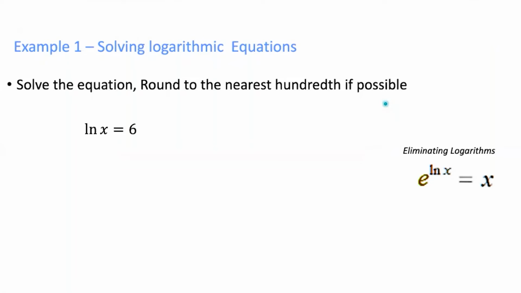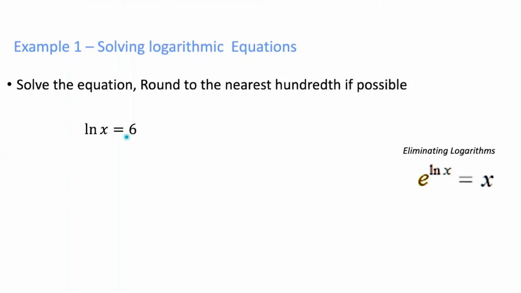Now let's look at an example. We're asked to solve the equation and round to the nearest hundredth if possible. So if we're going to be solving using the one-to-one property, then we need to convert our logarithmic equation, which is this, into an exponential form.